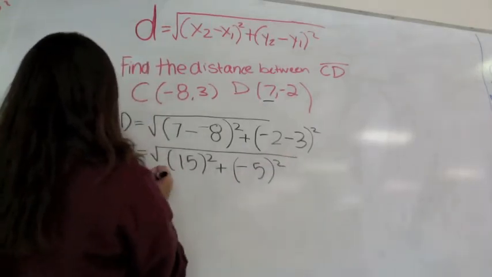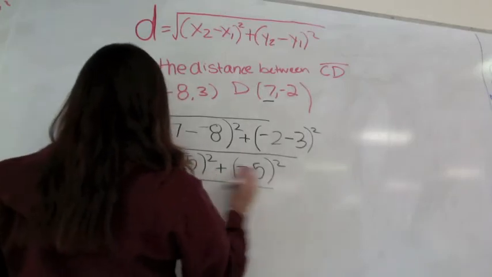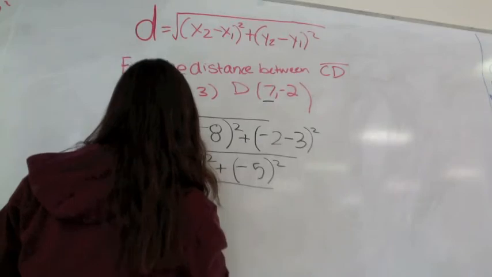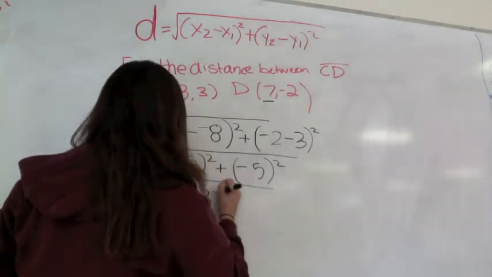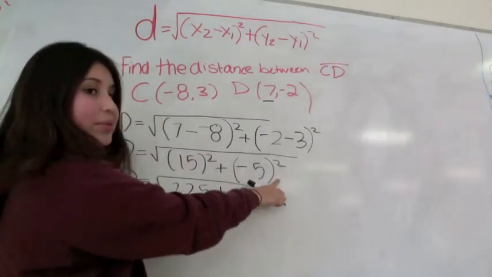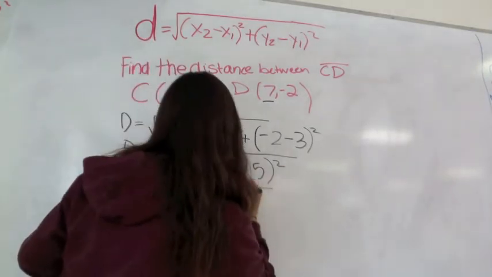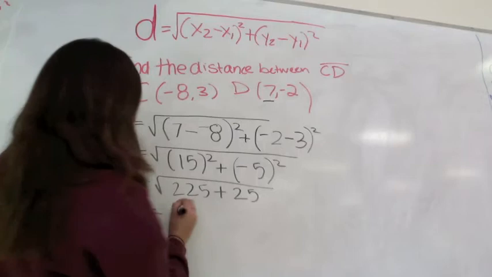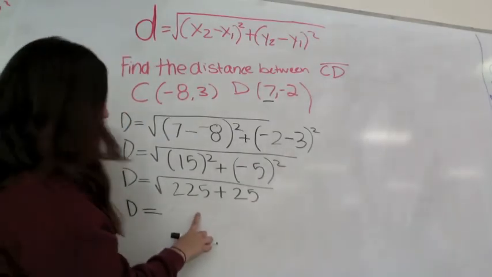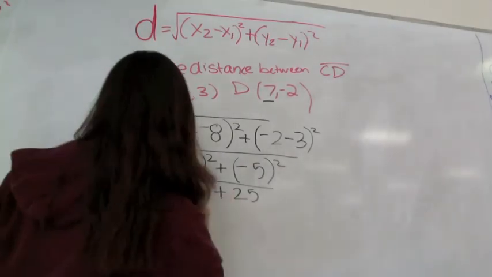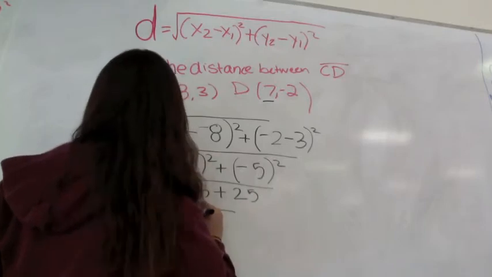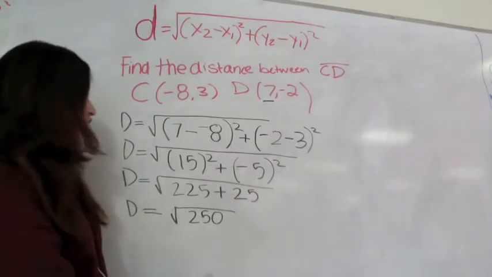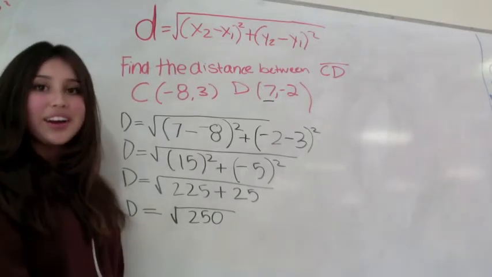Then we simplify again. D equals 15 squared, which is 225, plus -5 squared, which equals 25. Now we add. D equals 225 plus 25, which equals 250.